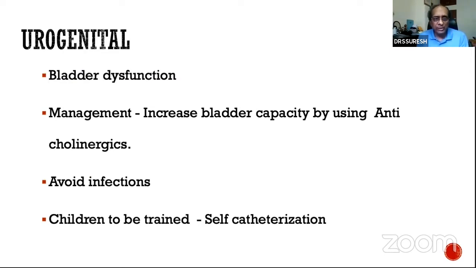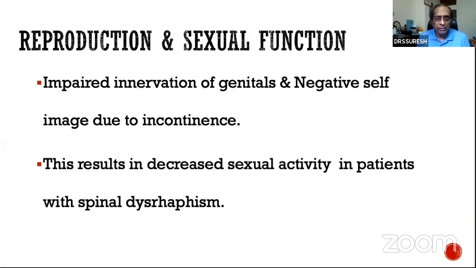And bladder dysfunction, as I said, is present in the majority of the people, and they may have to do self-catheterization, and they have to be trained in such things, and they will be put on drugs. Infections are the main issue which needs to be controlled, especially because of repeated self-catheterization. And training is very, very important. So you actually need a support group which helps these children along for a long-term solution.